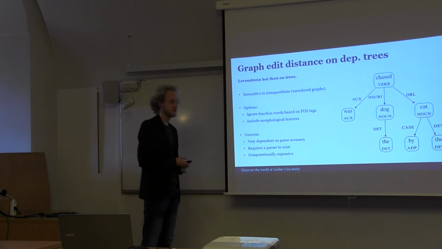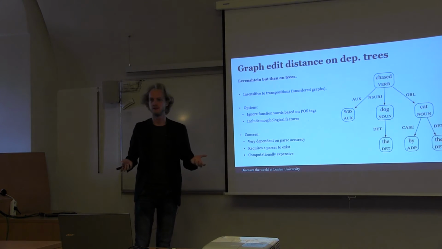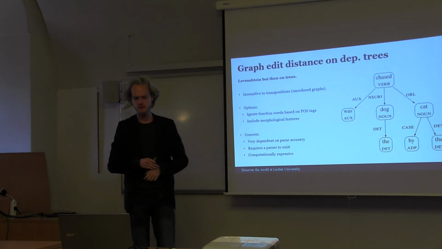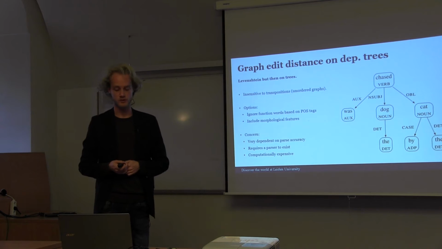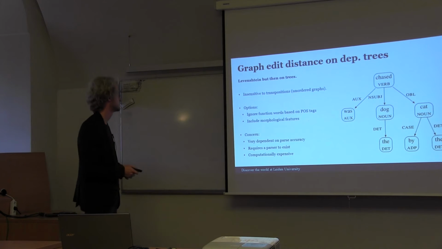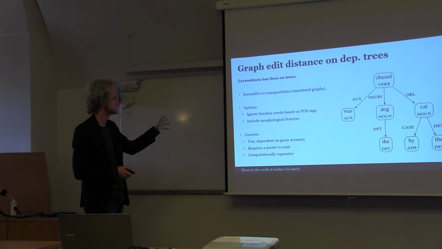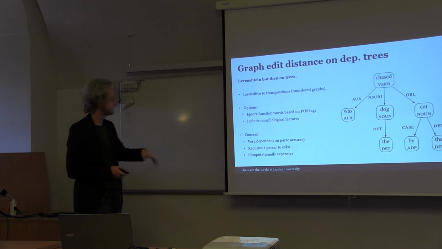Then we looked at the graph edit distance on dependency trees, which is like this Levenshtein distance, but on trees. And this has the advantage of being insensitive to transpositions because we work with unordered graphs. And we also worked again with the options to ignore function words, also to include morphological features because the parser just gave us the morphological features as well.